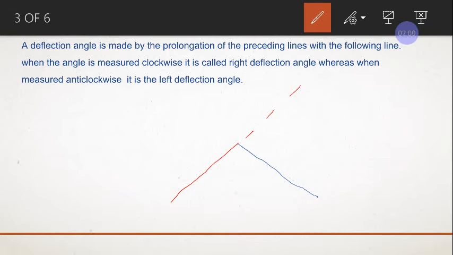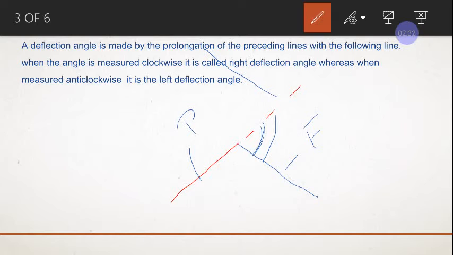This is your preceding line, this is your following line, meaning the next line, and this is your prolongation. The angle made by the prolongation with the following line, this angle. Can you understand? When you prolong the previous line and make an angle with the following line, this angle is called the deflection angle.